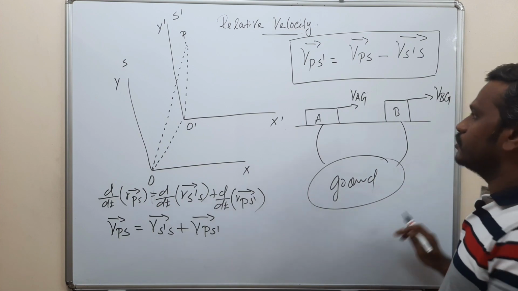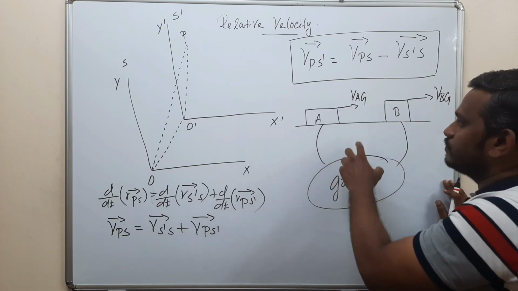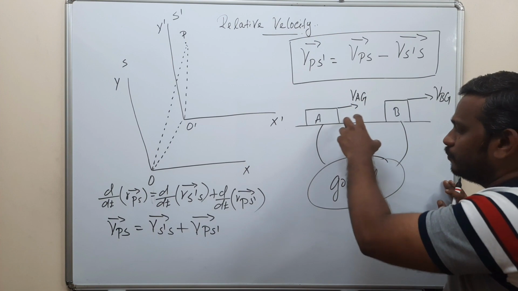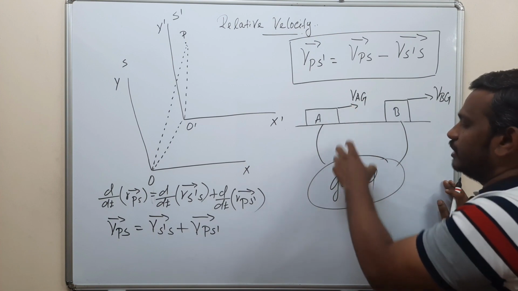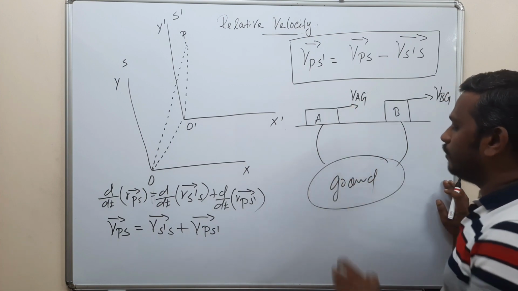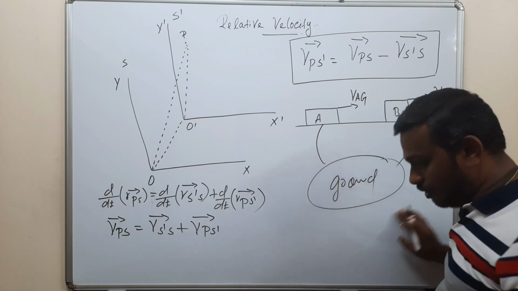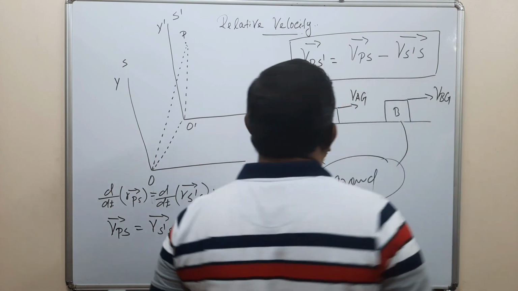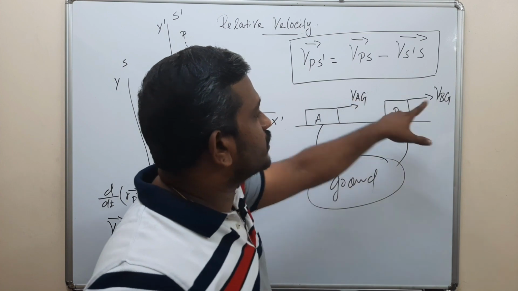So two objects moving with certain velocities with respect to a common frame, ground, means we can find the velocity of one object with respect to another object.